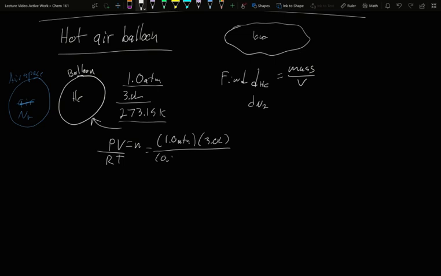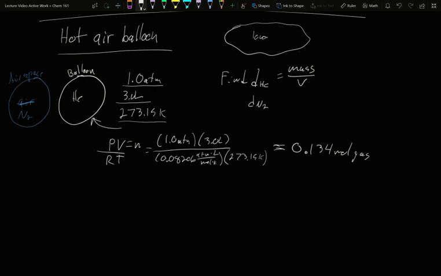R value, 0.08206 atmosphere liter per mole Kelvin, and 273.15 Kelvin. So standard temperature and pressure. Calculate this out. We can find the moles of our gas. We'll find there's 0.134 mole of gas.